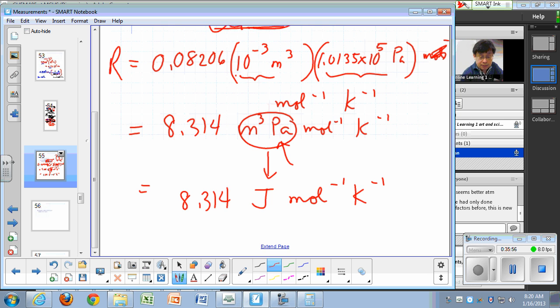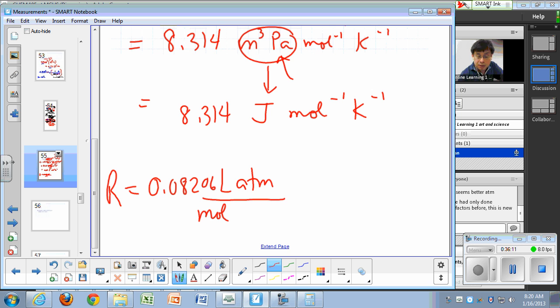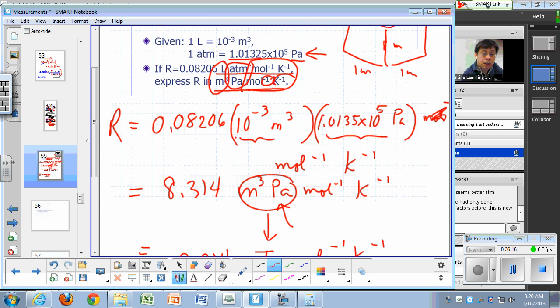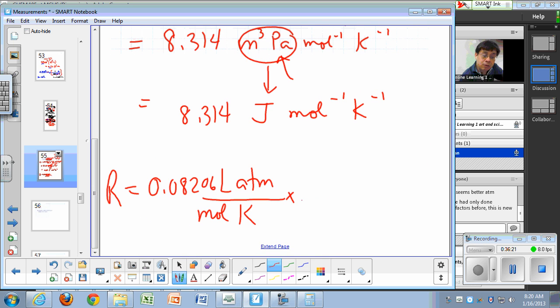Another way is, again, using conversion factors. So you can say R is 0.08206 liter times atmosphere per mole per Kelvin. Instead of writing per mole, you can write mole in the denominator. So this per mole and per Kelvin right here means that unit is in the denominator. I convert liters to cubic meters, and then I convert atmospheres to Pascal.